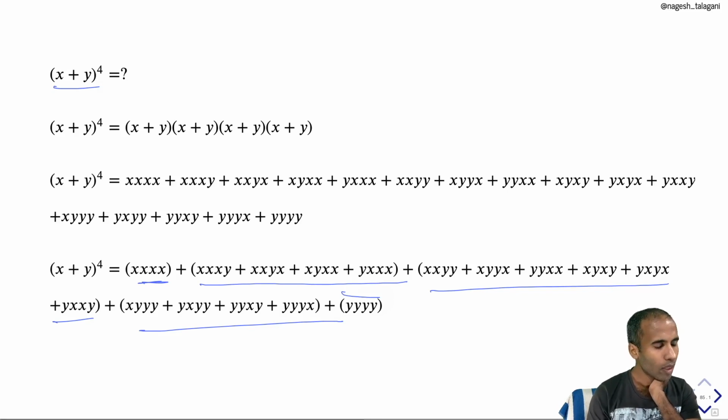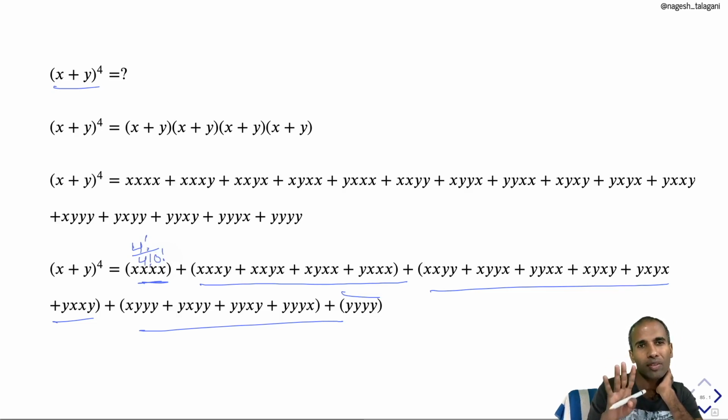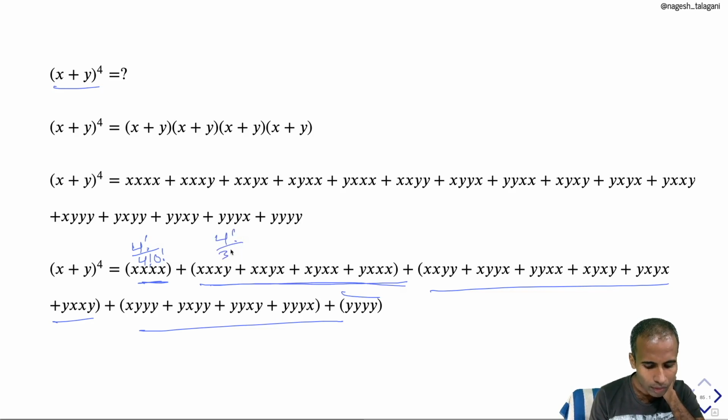Okay. Now this one I want to realize like this: 4 factorial by 4 factorial 0 factorial. That is nothing but the number of permutations you can make using 4 x's alike and 0 y's. Okay. Here this 4 I want to realize as 4 factorial by 3 factorial 1 factorial. That is nothing but the number of permutations we can make using 3 x's alike and 1 y.